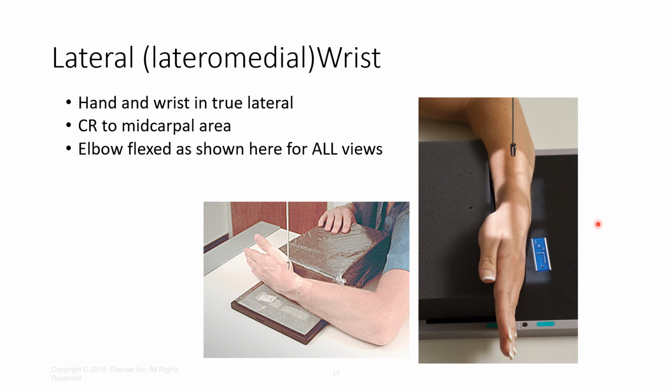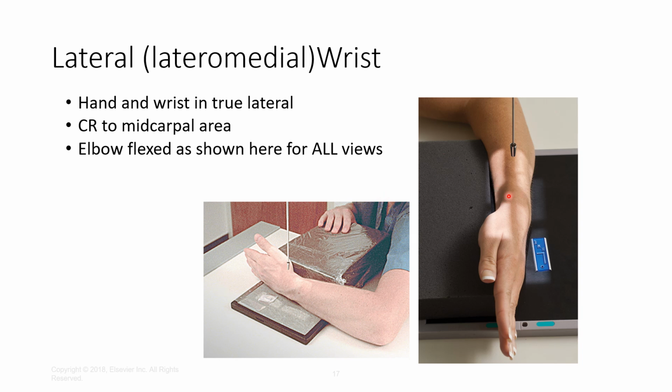Patient's elbow is still flexed, and you want their hand and wrist in a true lateral with their fingers extended, just like they're showing you here. And this picture is 4.94 on page 153. This is from an older edition, but it's similar to 4.95 on page 153 as well.